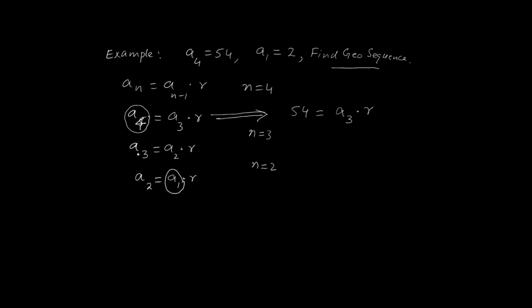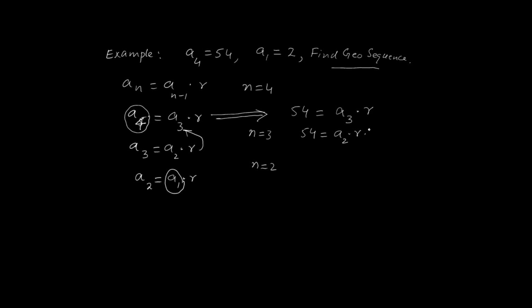Clear? Now remaining is, what is the value of a3? A3 is a2 multiply r. So 54 is equal to the value of a3, which is a2 multiply r.